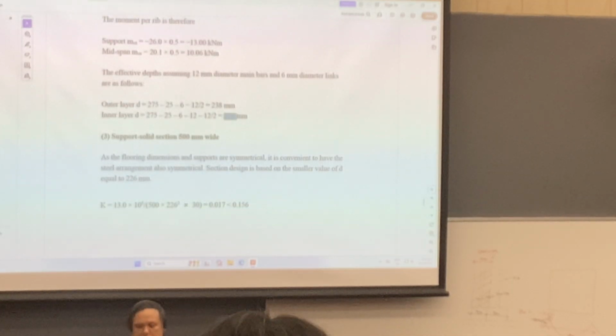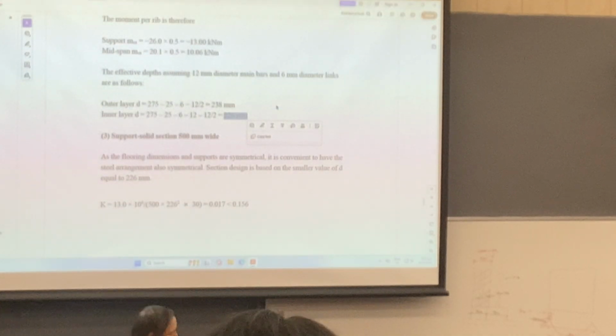So you will have 226 mm for the effective depth.